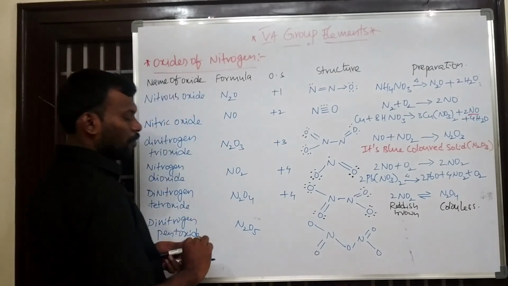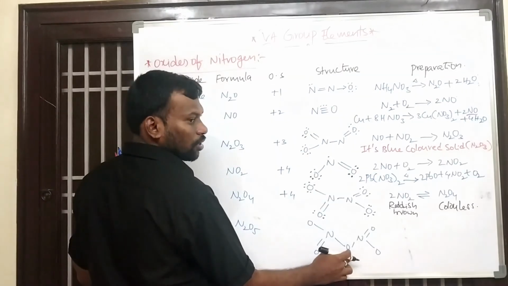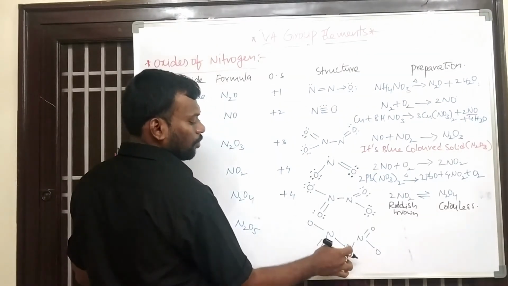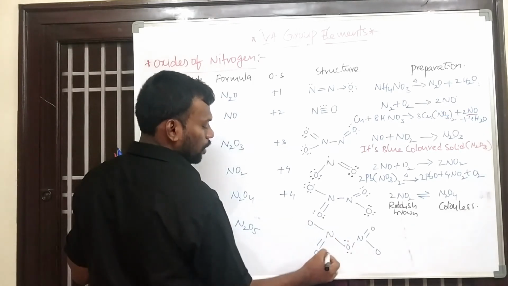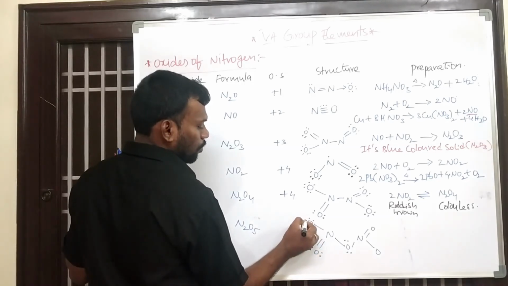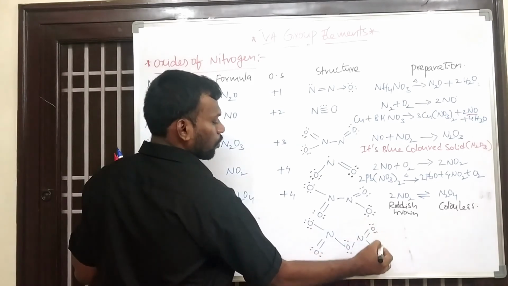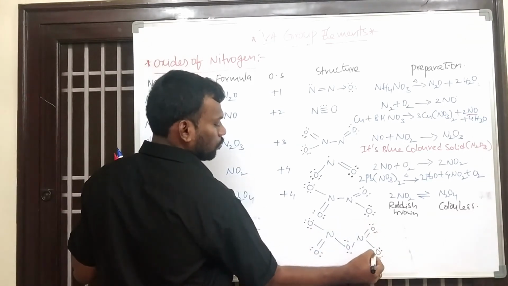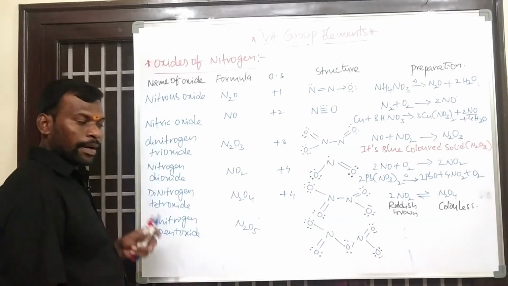The only difference between dinitrogen tetroxide and dinitrogen pentoxide is this oxygen. Okay. So again, I will represent the lone pairs. So this is the structure of dinitrogen pentoxide.